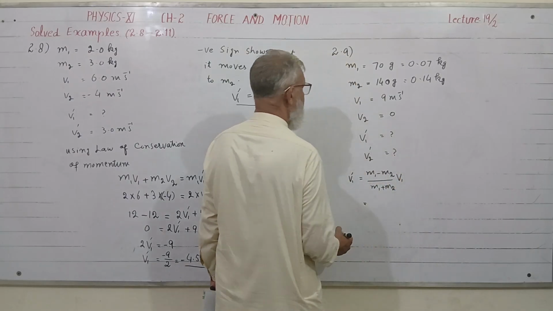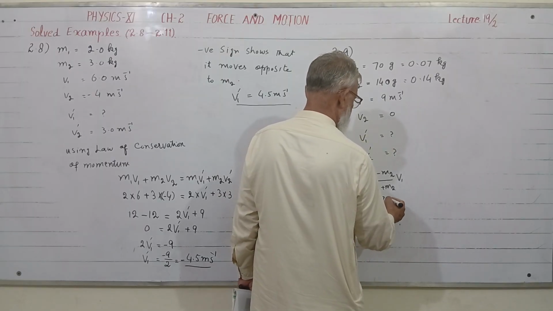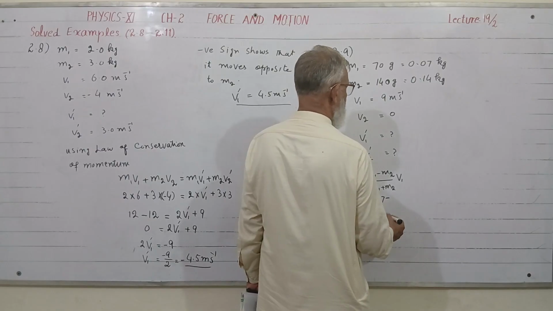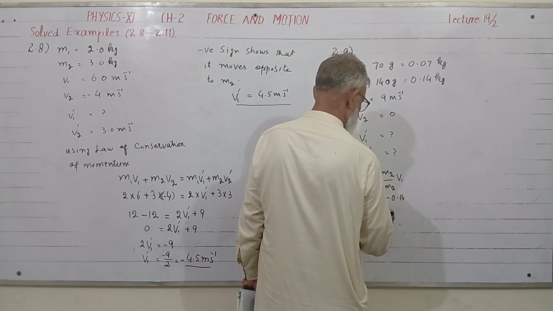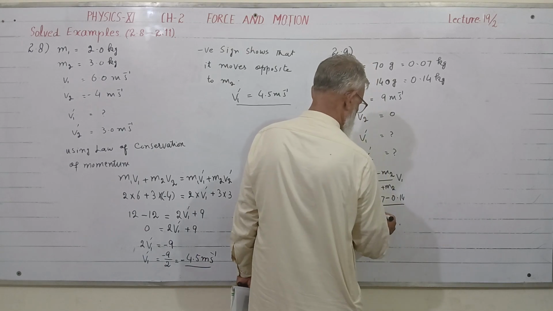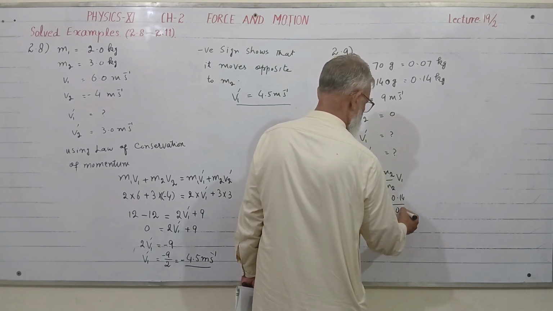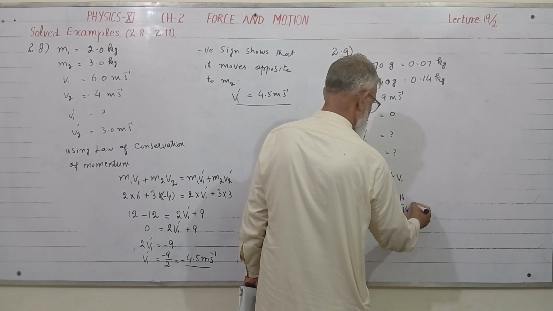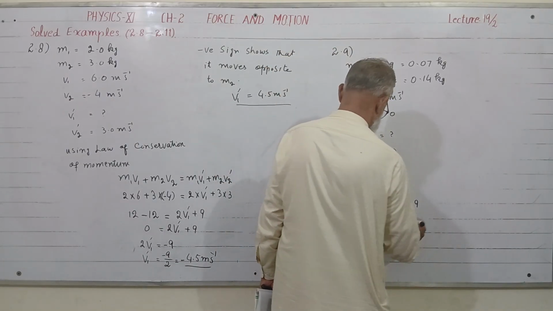What are the values? M1 is 0.07 minus M2 0.14 over 0.07 plus 0.14, into V1 9.